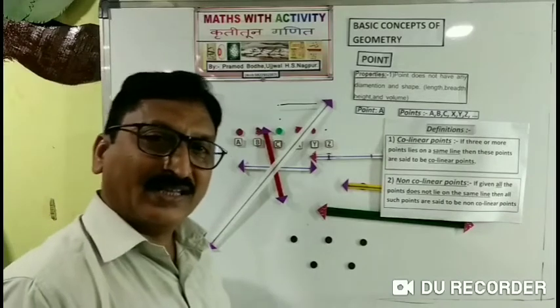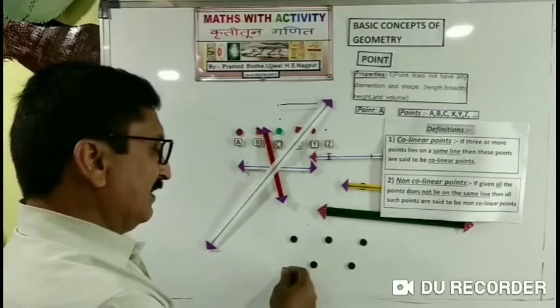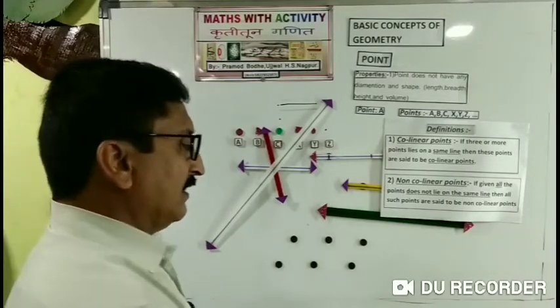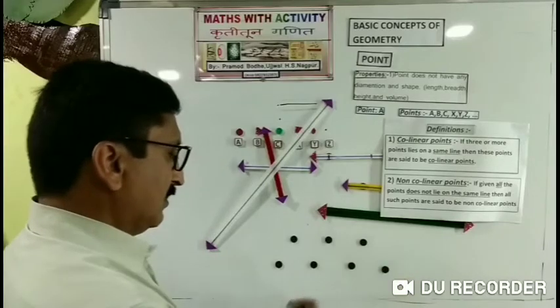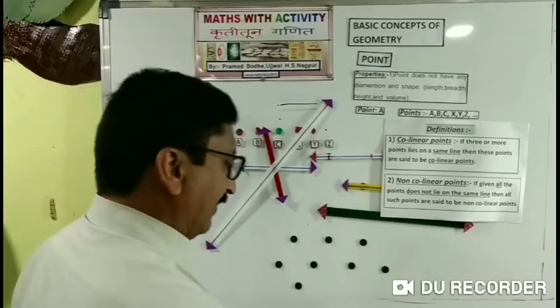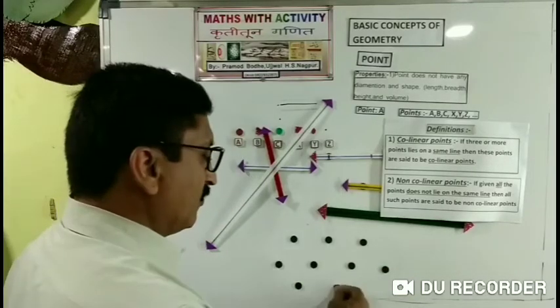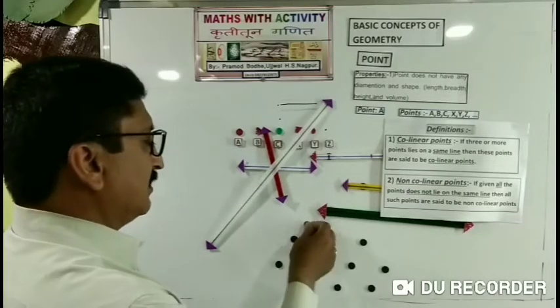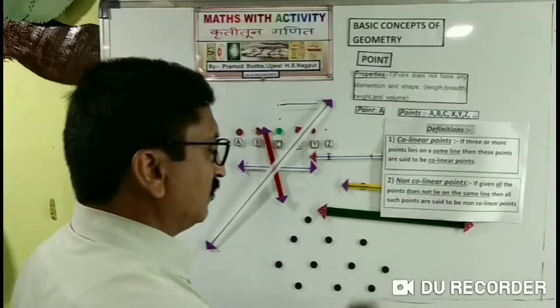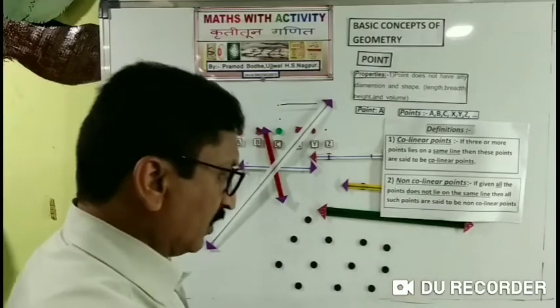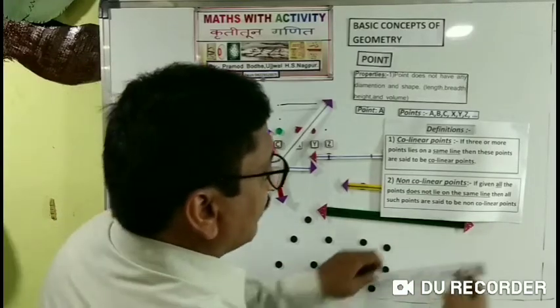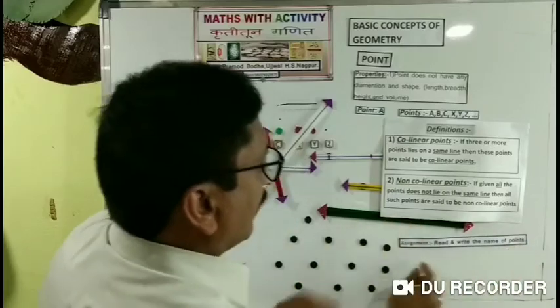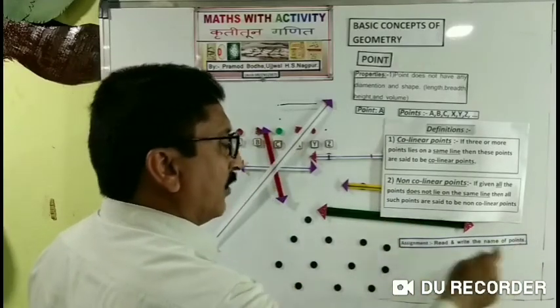Well, boys, I hope you have understood that, and now you have to solve some assignment which I am giving. Please take out your notebook and write the answers to these questions which I am going to give you now. The first question is: read and write the names of the points.